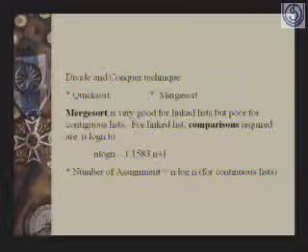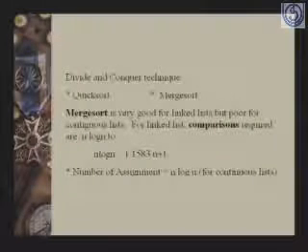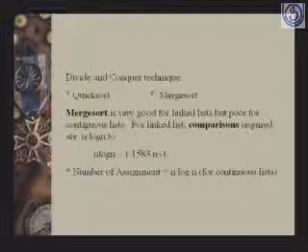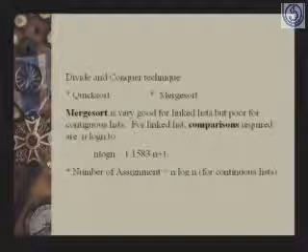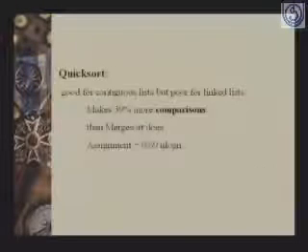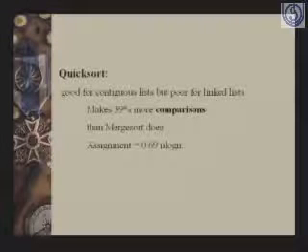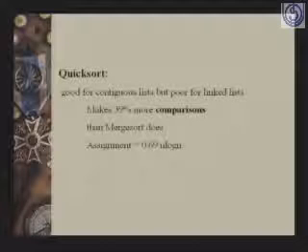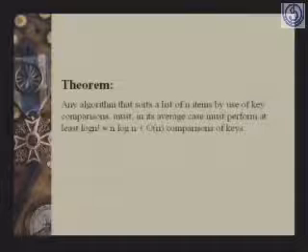The merge sort is very good for linked lists, but very poor for contiguous lists. It has been found through experimentation. For linked lists, the comparisons required are about n log n, and the number of assignments in merge sort is equal to n log n. Quick sort takes about 39% more comparisons than merge sort. It is experimentally found.